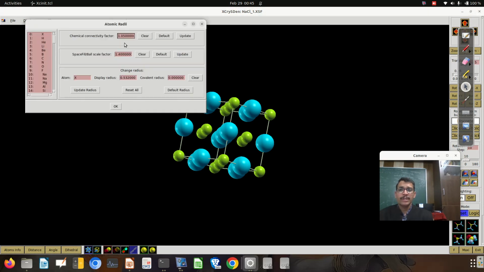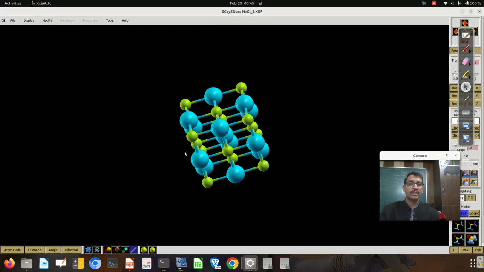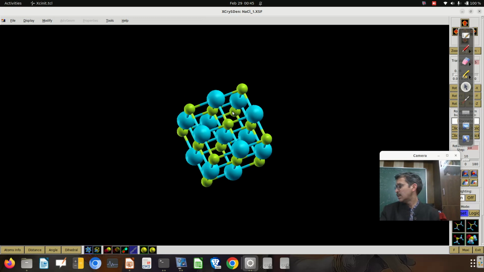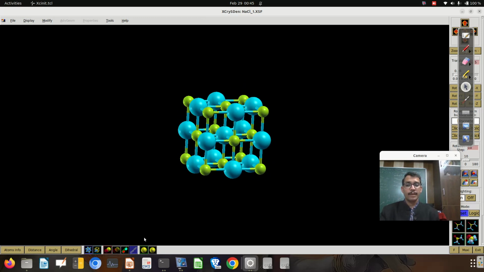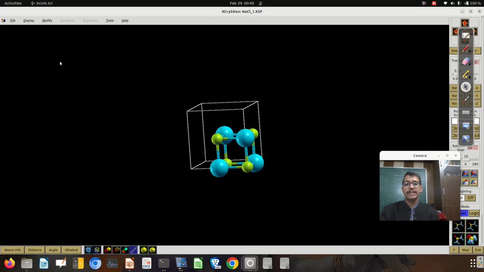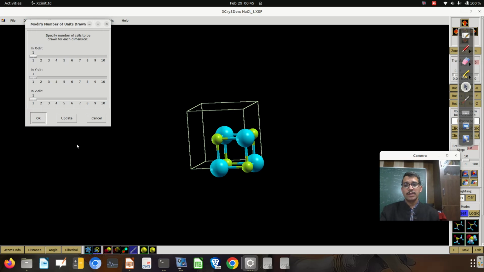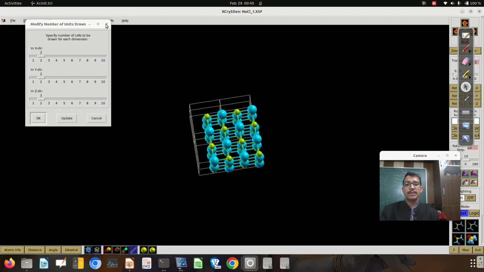If I change atomic radii a little bit here, because default radii is sometimes smaller and bonds are not visible, so if I update it, say it is the sodium chloride structure. That's what we can see in various texts, and in the primitive mode it can be shown like this. And if I keep on repeating it, yeah, this way, this way, this way, you can see it.